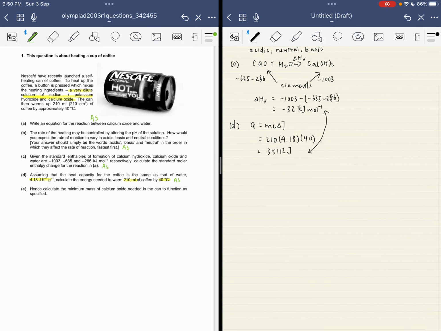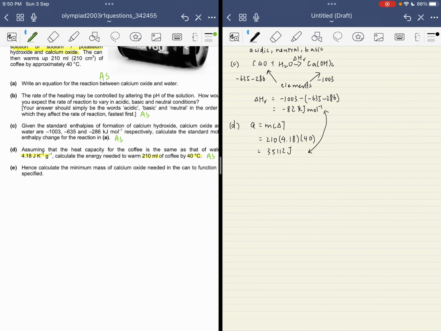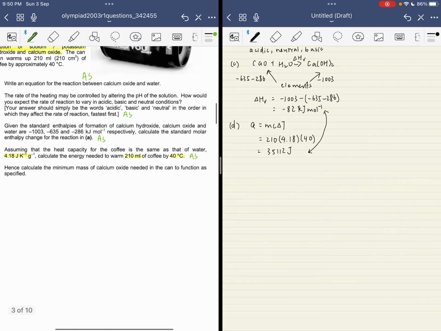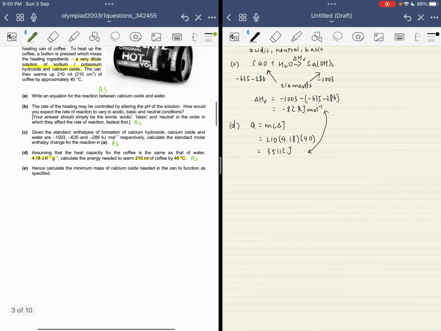So in E, we are going to calculate the minimum mass of calcium oxide needed in the can to function. What it means by function is to warm the coffee by the conditions stated in D. So E is an AS stoichiometry level question, and we will have to calculate the number of moles required to release this amount of energy.